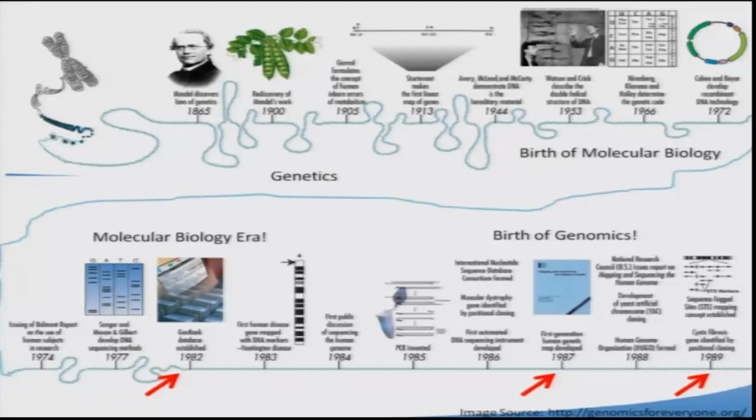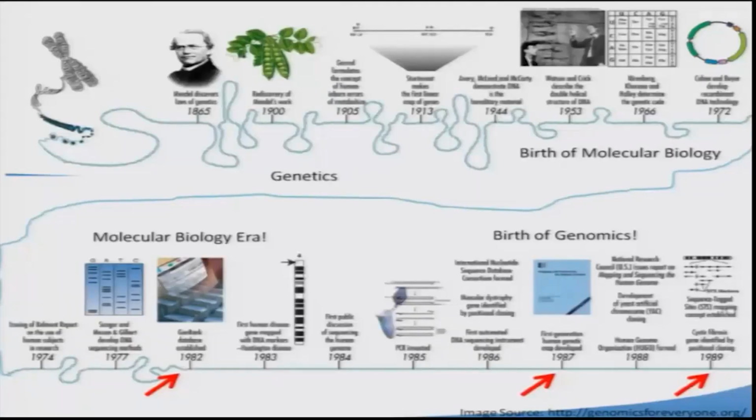So, that really led to an explosion, because then people started using this methodology for sequencing human DNA, and in 1987 the first generation human genetic map was developed, with markers, which are landmarks, a kind of milepost in the genome.